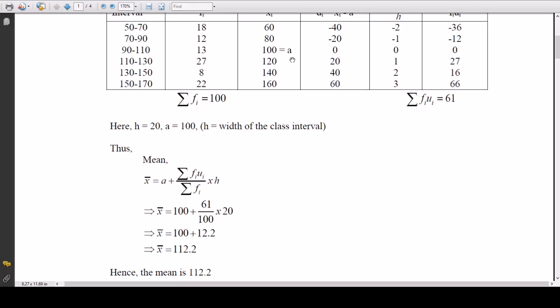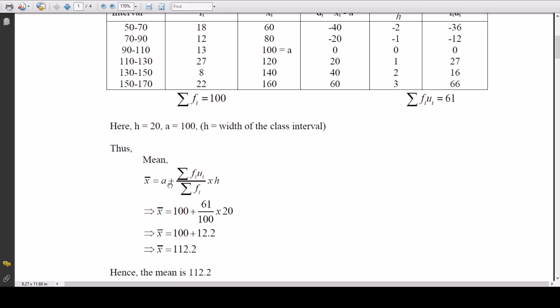Whichever you take, that is the value of A. It's not that you can only take 100 or only 120, but whichever you think is the mean between 60 to 160, you can choose from this data.